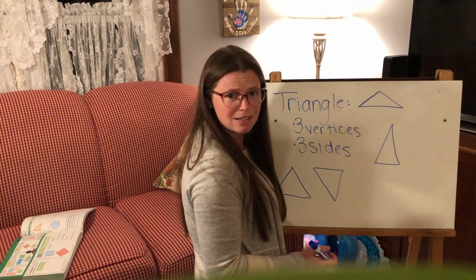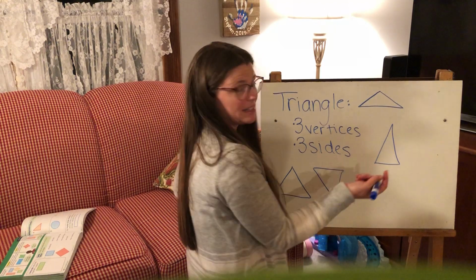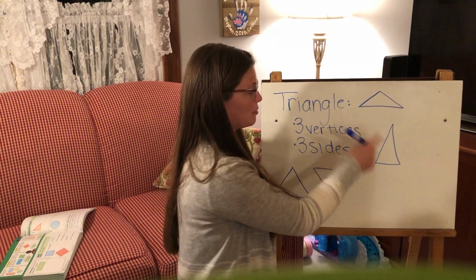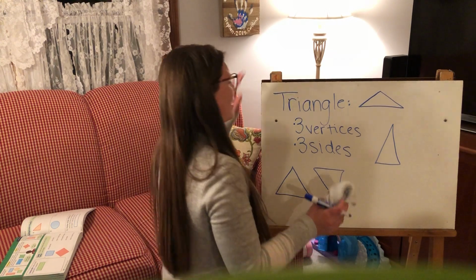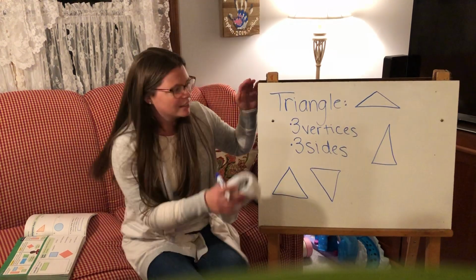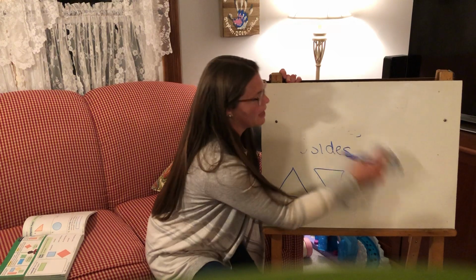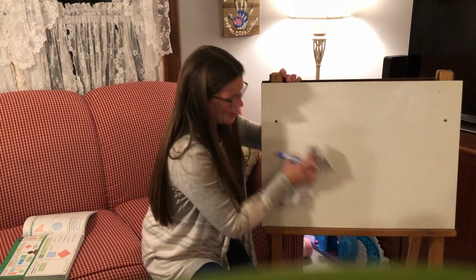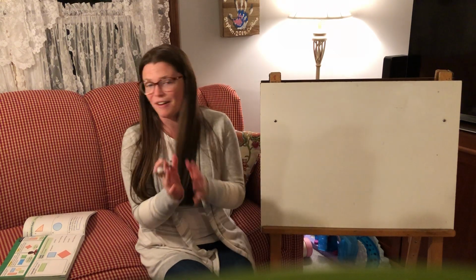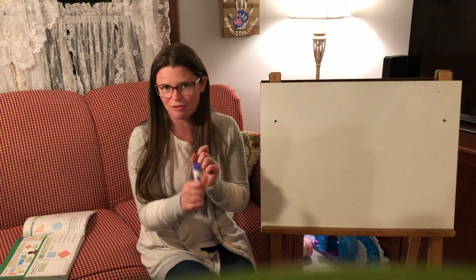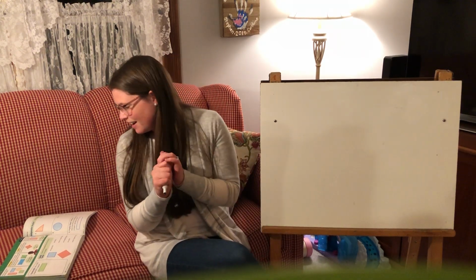What about that one? He's tall and skinny. 3 sides? Yep. 3 vertices? Yep. He's still a triangle. Okay, so I think you guys get the idea. You're probably like, oh, come on, Mrs. Brown, we get it. But I love triangles. I think triangles are a whole lot of fun. You can get into some really cool stuff with them later on.